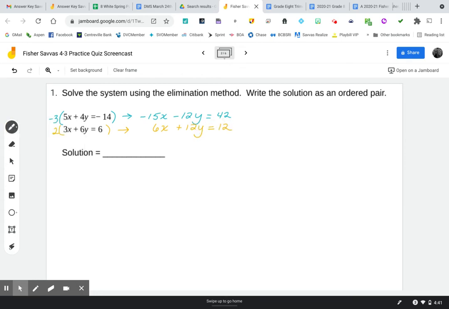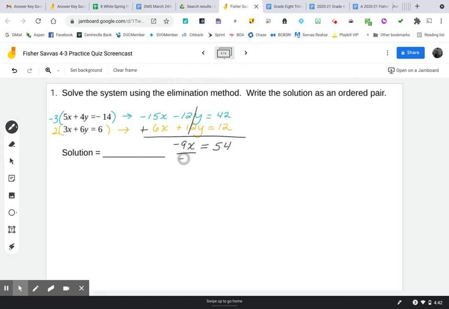And as I can see from here, I have the same coefficient in front of y, so I can now add those two equations together and my y's will cancel. So if I add the two equations together, -15x plus 6x is going to give me a -9x, and that's equal to 42 plus 12 is 54.